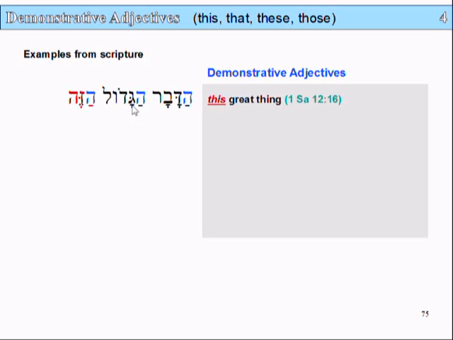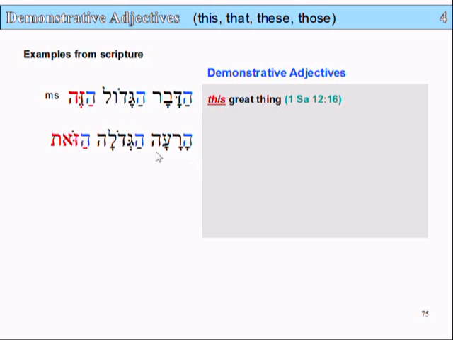So it's gadol, singular because this is singular, and masculine because this is masculine. So we have the masculine word for this, which is zeh. We don't have the word zot. Okay, hadavar hagadol hazeh, and that is the masculine singular version of this, zeh, not the feminine singular zot, meaning this. Okay, let's have a look at the next example.